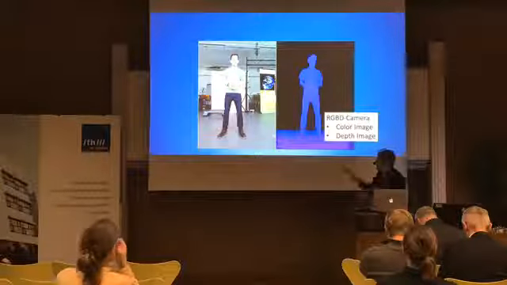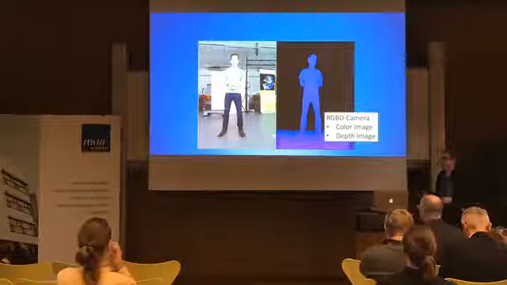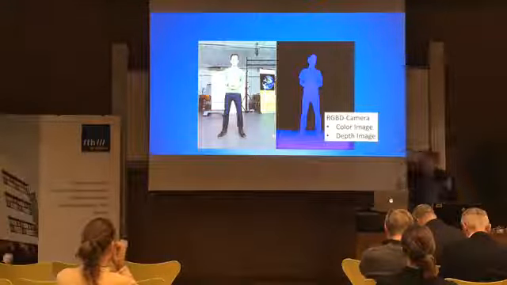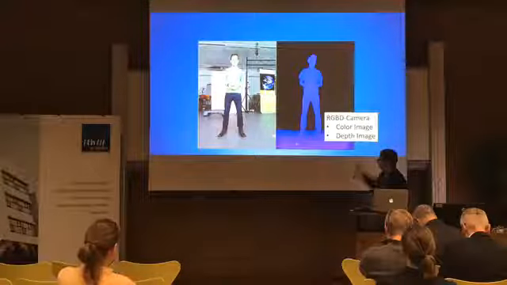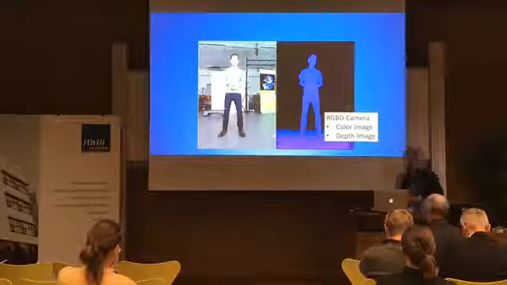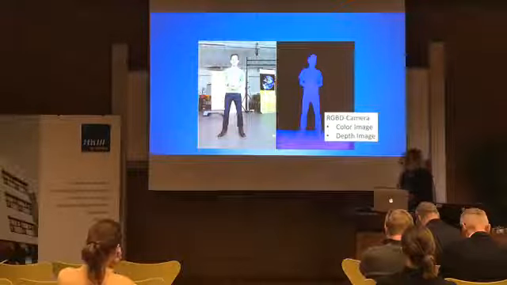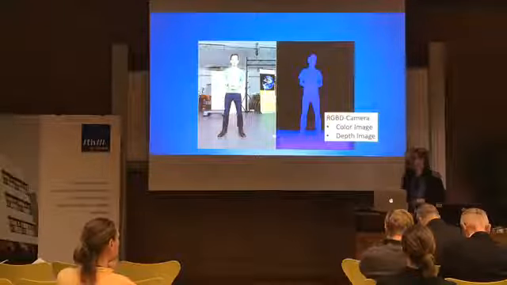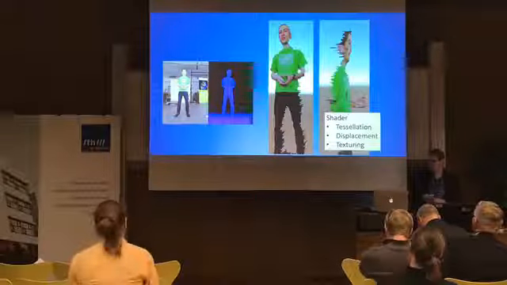So what we did, we used the Kinect camera. Probably you know it. This is the camera that is shipped with the Xbox, the game console of Microsoft, and this camera is able to record a depth image and a color image at the same time. We saved the result side by side in a movie, and then we used this image in our 3D environment to create a 2.5D image.